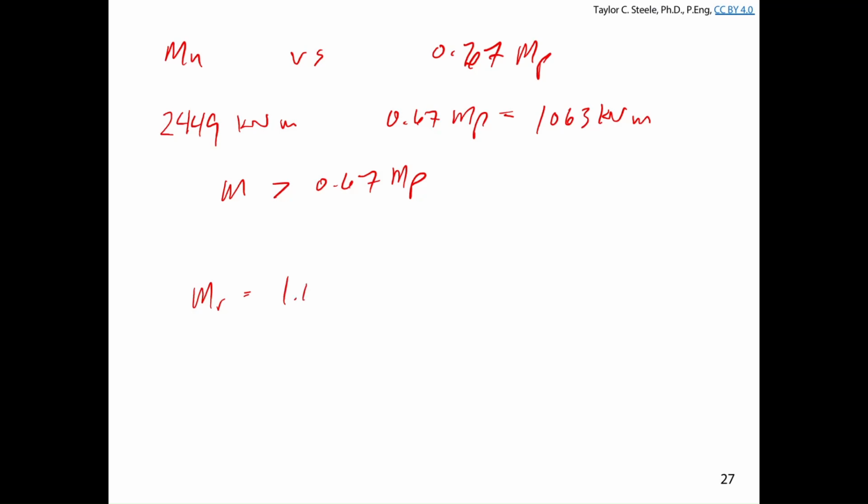MR is 1.15 phi MP times 1 minus 0.28 MP over MU. That can't exceed phi MP.